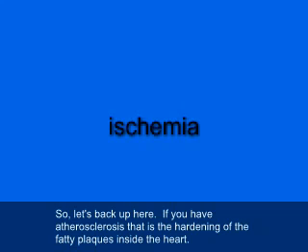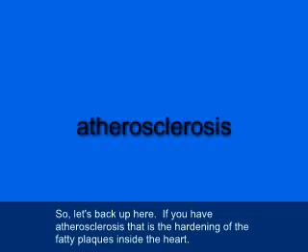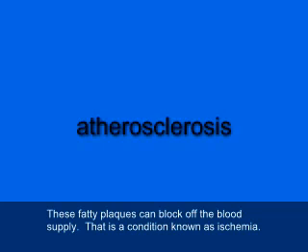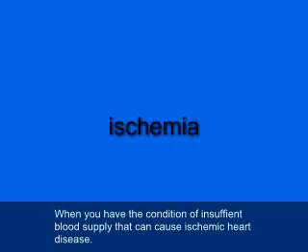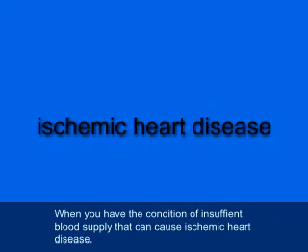So let's back up here. If you have atherosclerosis, that is the hardening of the fatty plaques inside the heart. These fatty plaques can block off the blood supply. That's a condition known as ischemia. When you have the condition of insufficient blood supply, that can cause an ischemic heart disease.